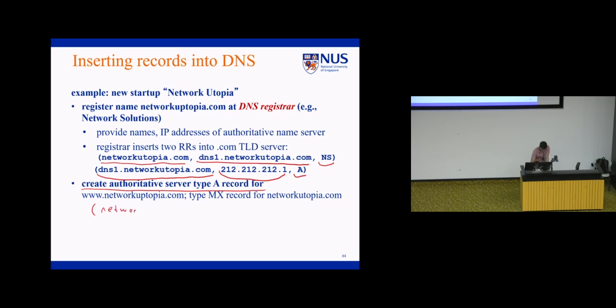It will be something like networkutopia.com and our IP address, 255.0.16.4, and this is an A-type resource record. This will be stored in our authoritative name server. And if you also have a mail server here, you can have another MX-type record for that name server.